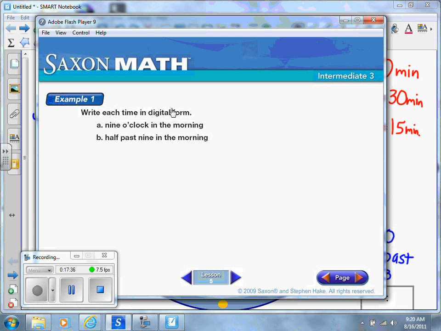Tell me what it would look like in digital form with the numbers. 9, 2 dots. Okay, that 2 dots is called a colon. Everybody say colon. So it would look like 9 colon 2 zeros, and it's in the morning, so it would say a.m. Okay, there it is. Joe was right. What about 9:30 in the morning?